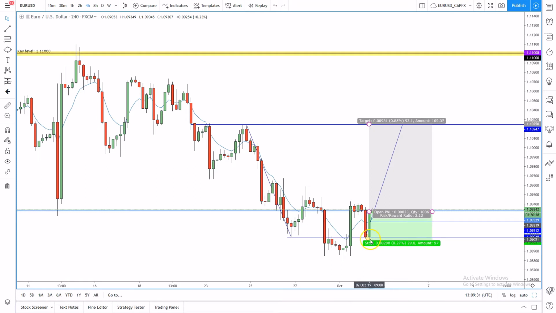In total, I'm risking about 30 pips, just below the lows. Very tight stop loss. Then in terms of my targets, I'm going 40 pips, giving me a 1:2.99 risk to reward ratio.